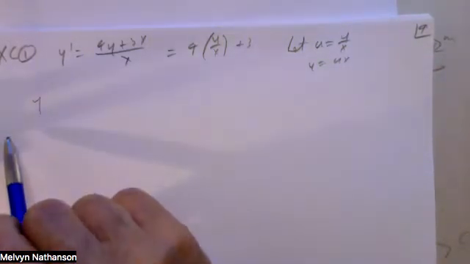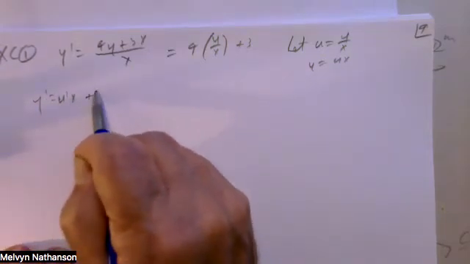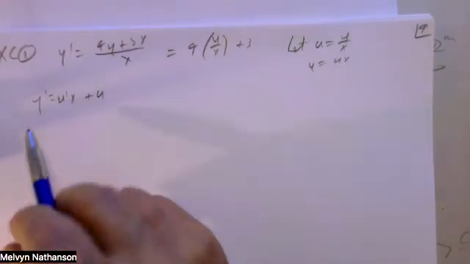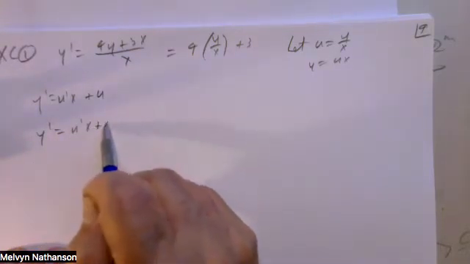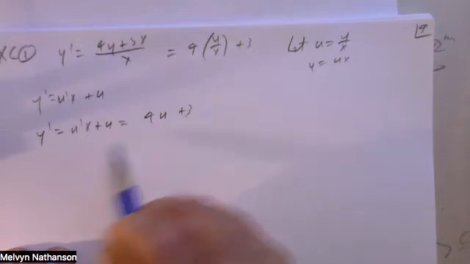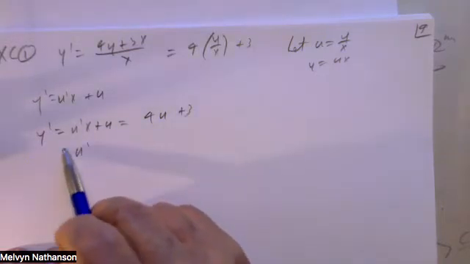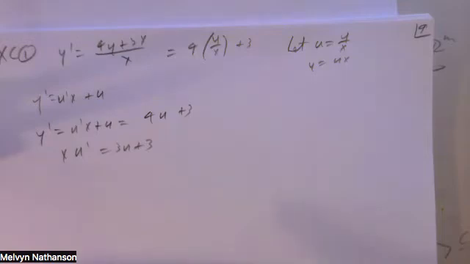So y prime is u prime x plus u. So we get y prime, which is u prime x plus u, equals 4u plus 3. So u prime times x is 3u plus 3. And we have to solve this equation.